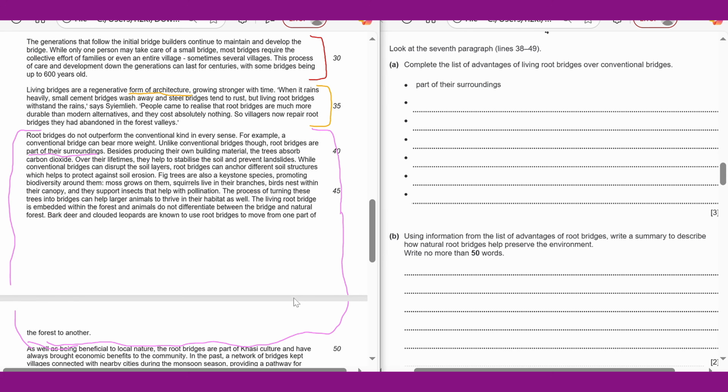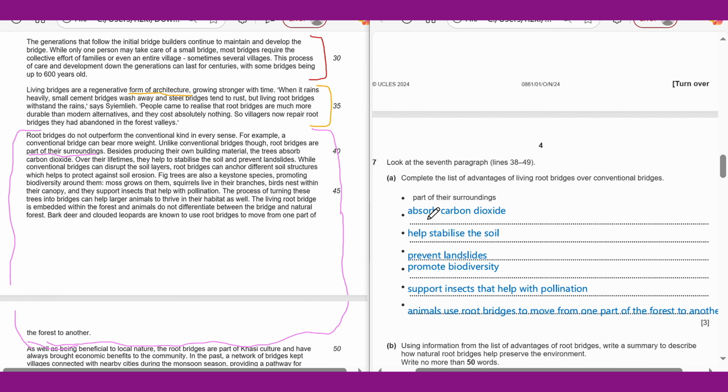Now we are going to reveal the answer. This is the example. Absorb carbon dioxide. Next is help stabilize the soil, prevent landslide, promote biodiversity, support insects that help with pollination.